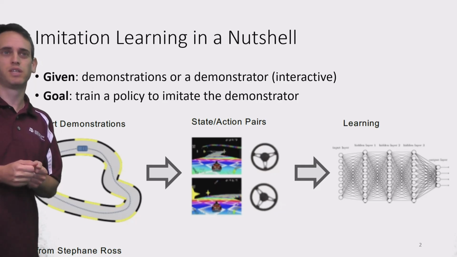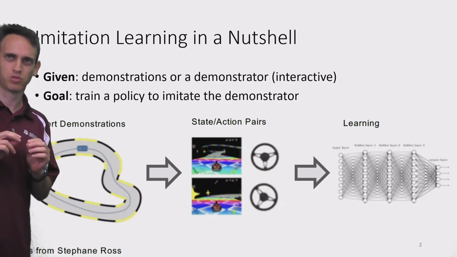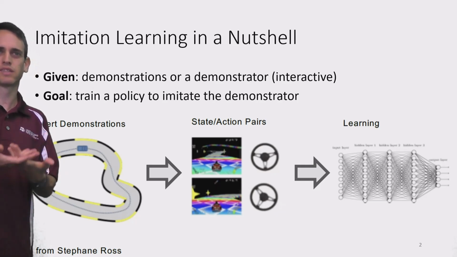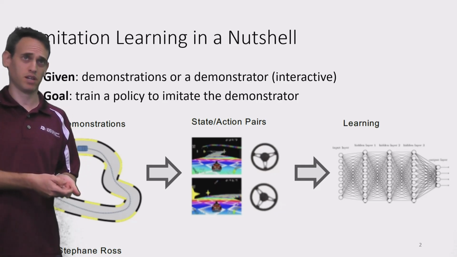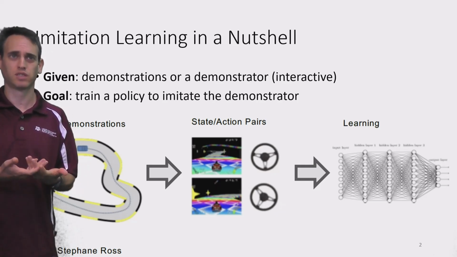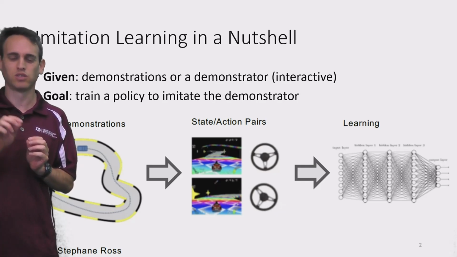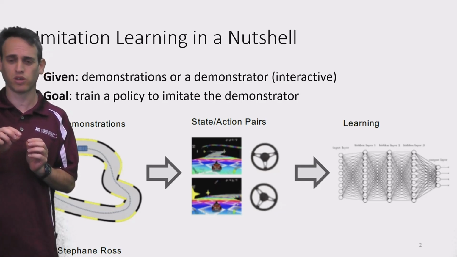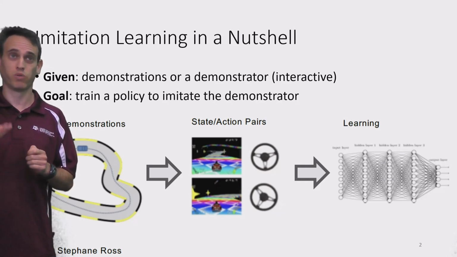We won't be given the control function of the demonstrator, but will be able to ask the demonstrator for an action given any states that we decide on, right? So we won't assume access to the internal logic of the demonstrator, but we will assume to be able to query the demonstrator.